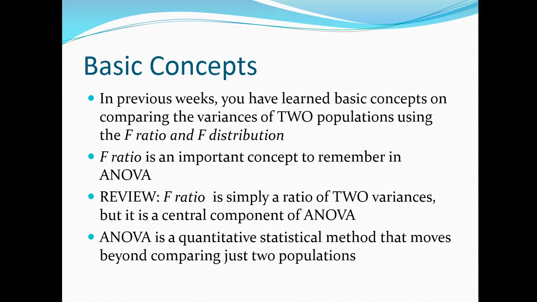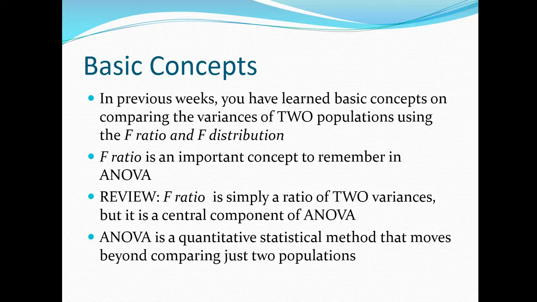So what happens then if we're interested in the means of 3 or more samples? What are you going to do if you are the statistician? Well, just like Gosset did, you need to create your own test statistics, and that's the beginning of ANOVA. It's called the analysis of variance.